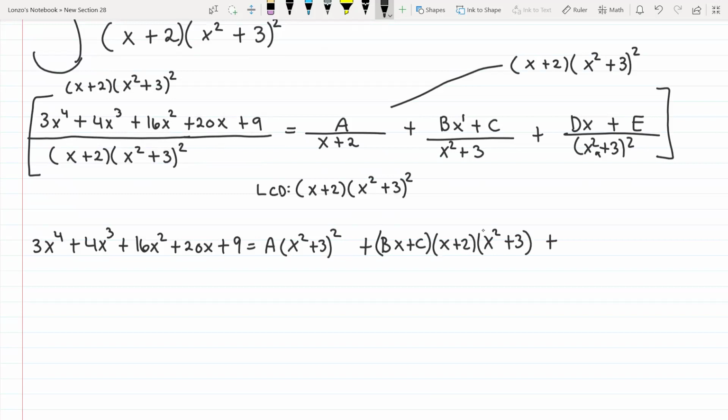And then over here, the x squared plus 3 squared cancels, so you're left with dx plus e times x plus 2.